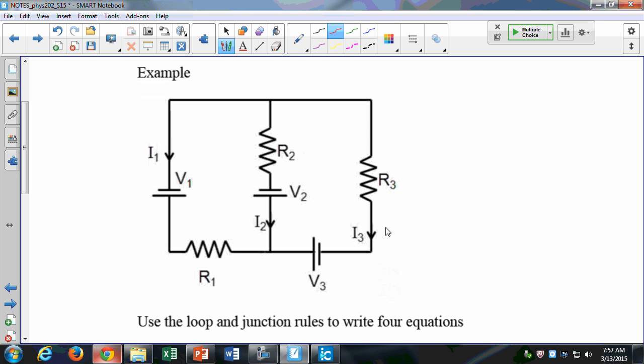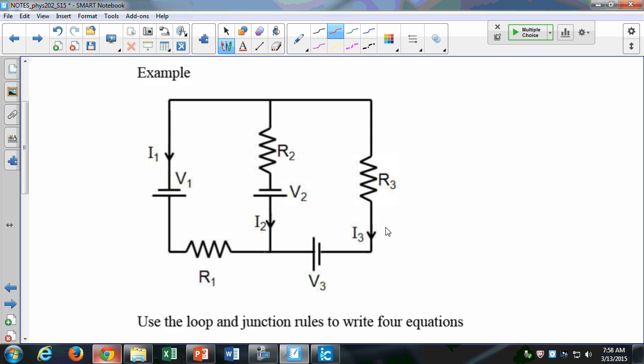All right, I have this circuit. Resistors, and I have currents. I've already labeled the directions of the current. These may or may not be the true directions of the current. They're just ones that I've picked. Now, from this circuit, I can write 4 equations. I can write 3 loop rules because I have 3 distinct loops within this circuit.